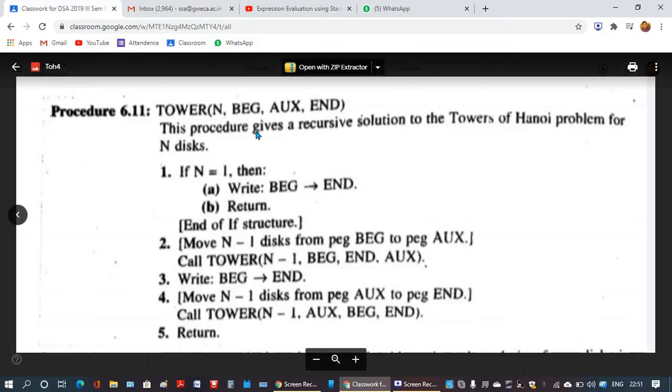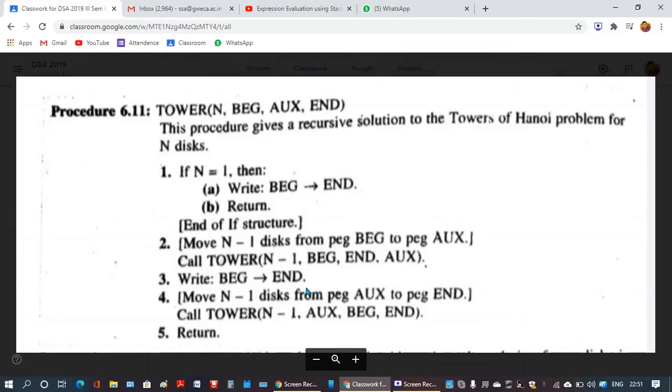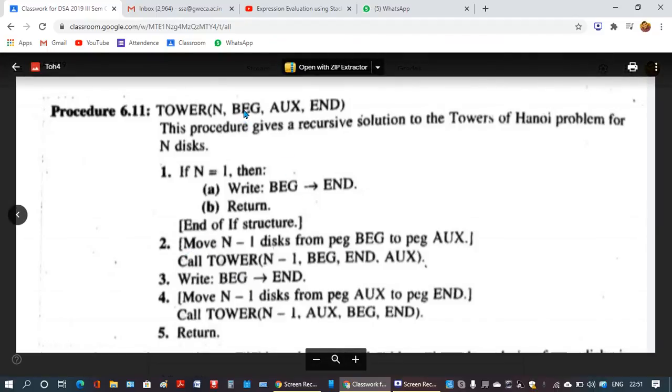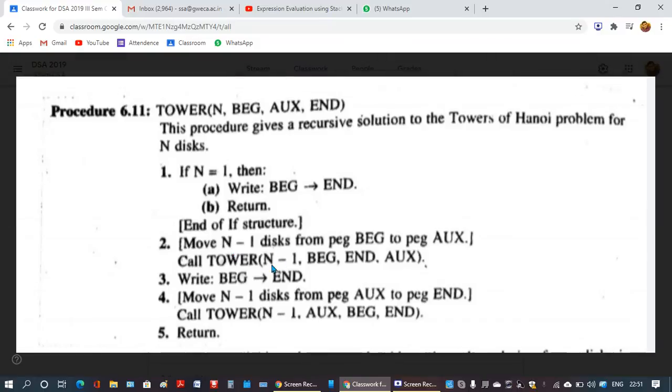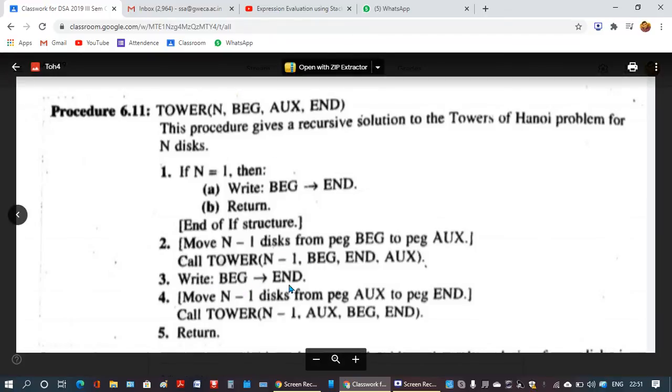Otherwise, this problem will be divided into two problems of n minus 1 and one problem of this. So to shift n from begin to end, you will shift n minus 1 from begin to auxiliary, with end as a helping peg. Now there is only one disk in begin, so you shift one disk from begin to end.